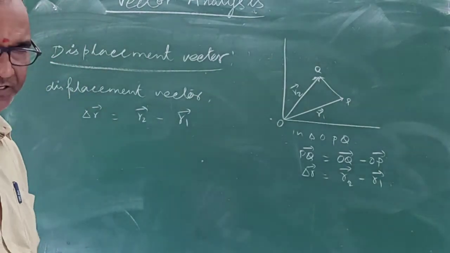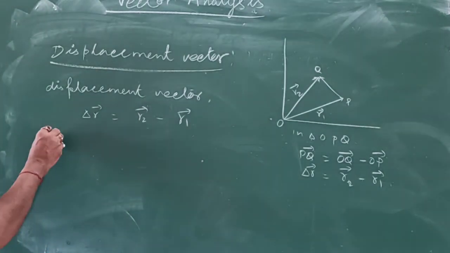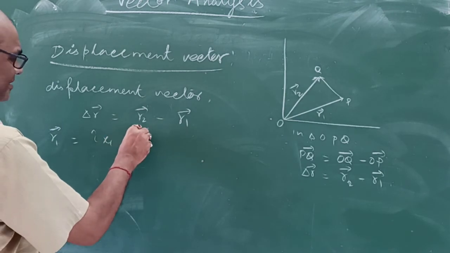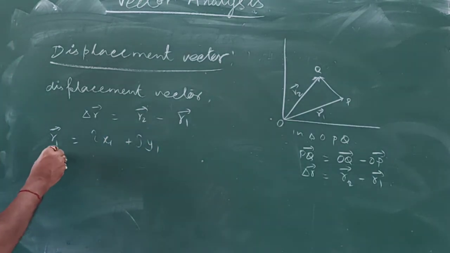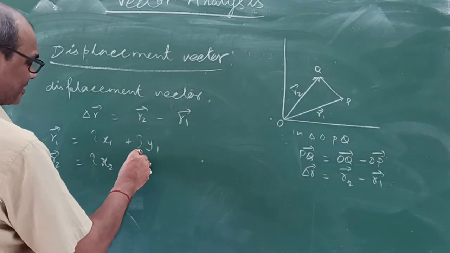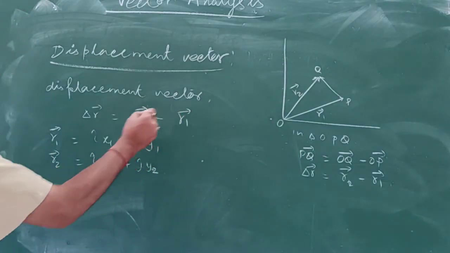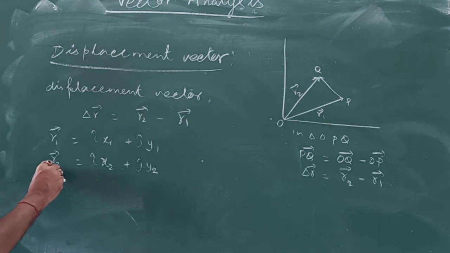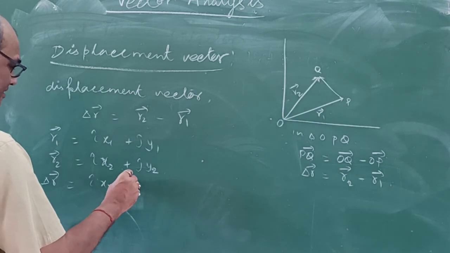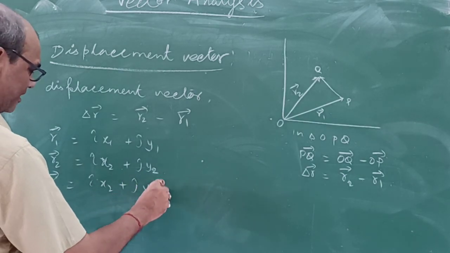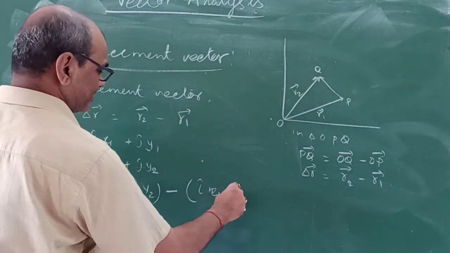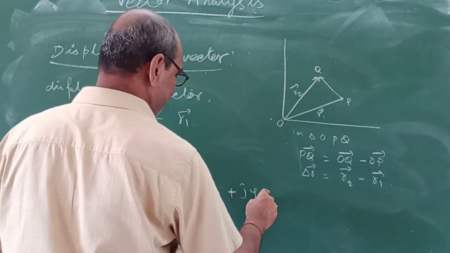Now we write R1 and R2. Vector R1 is equal to I cap x1 plus j cap y1. R2 is equal to I cap x2 plus j cap y2. Then delta R is equal to I cap x2 plus j cap y2 minus I cap x1 plus j cap y1.